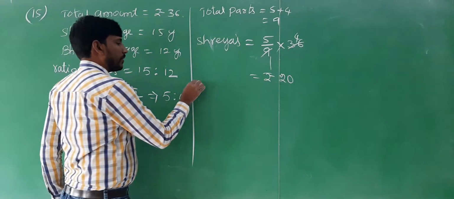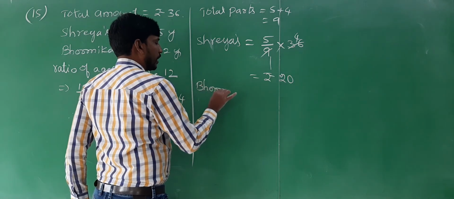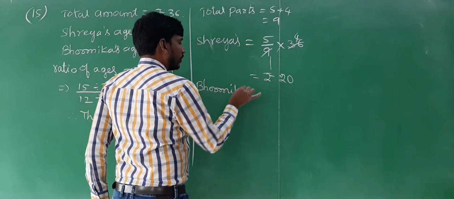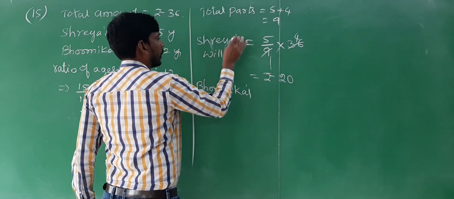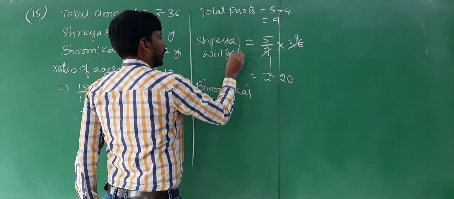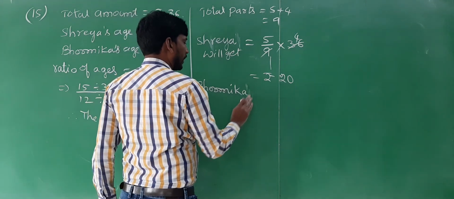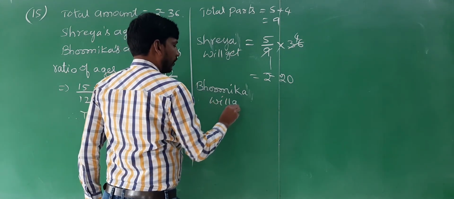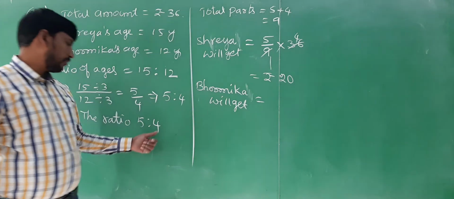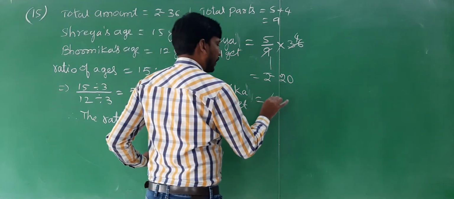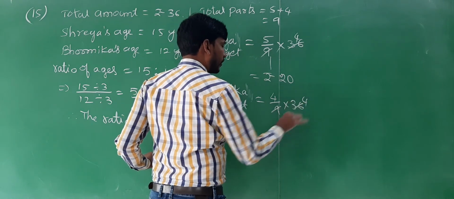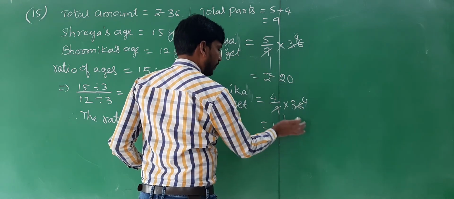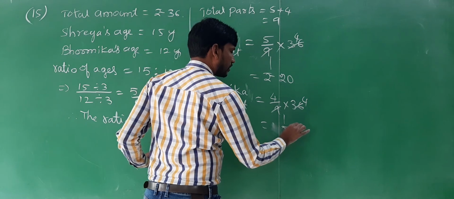Then what will Bhumika get? So Bhumika's share is nothing but 4 parts. That is 4 by 9 into 36. So 9 fours are 36, which is nothing but rupees 16.